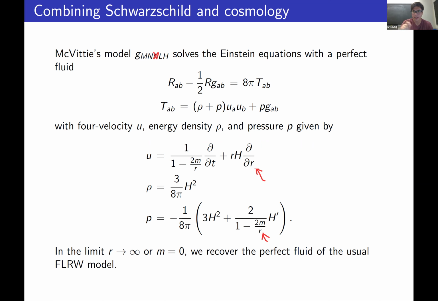If h was a constant, then h prime would be 0. So that term dies, and then you're left with rho equals negative p, which is precisely the equation of state for a cosmological constant, right? So if h prime equals 0, that implies that rho equals negative p, which is the equation of state for a cosmological constant.